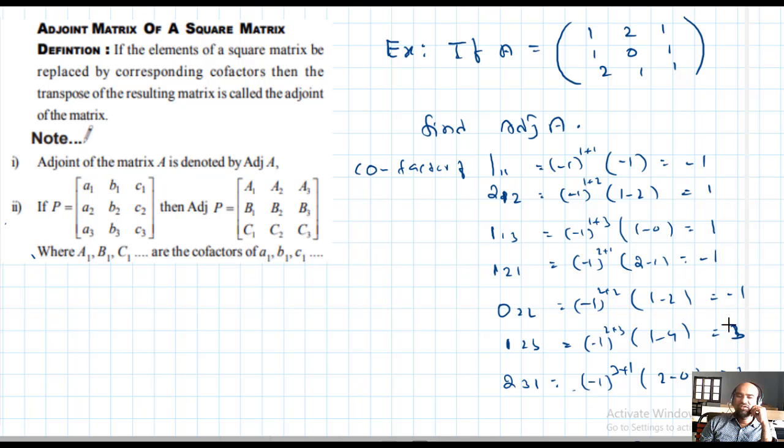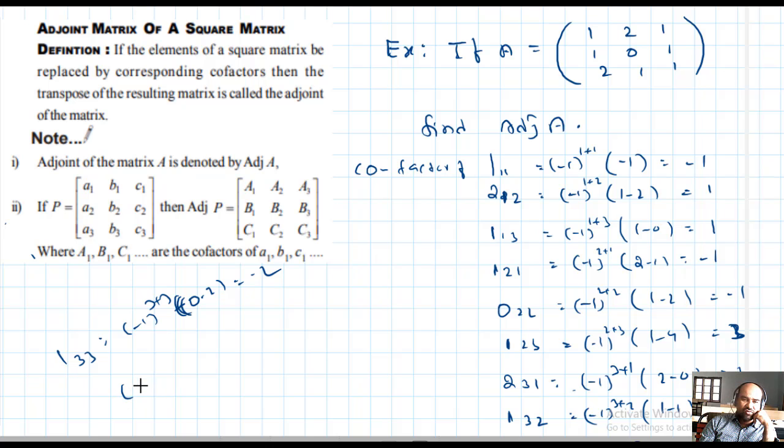Next, position 3,2 equals minus 1 power 3 plus 2 times 1 minus 1, which is 0. Last one, position 3,3 equals minus 1 power 3 plus 3 times 0 minus 2, so totally minus 2.